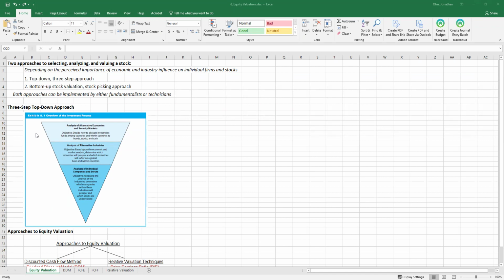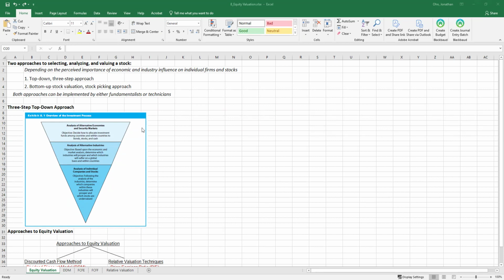As I said, the top-down three-step approach starts with the macroeconomy and then the security market. Not just the macroeconomy, but the international economy and international markets these days. So macro down to micro. As I said, it's a superior approach, and there are several studies that support it.